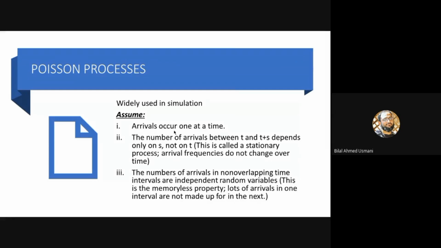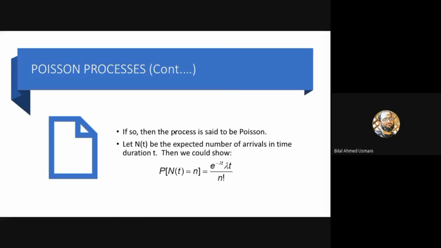It's a memoryless property. That's why it is called a memoryless function. So a lot of arrivals in one interval are not made up for in the next. It doesn't matter how many clusters of people arrive in a certain time step. It has nothing to do with the next lot of people arriving at the next time step.